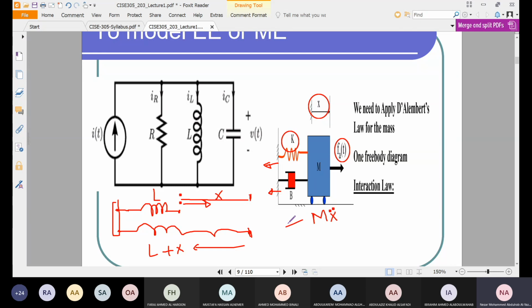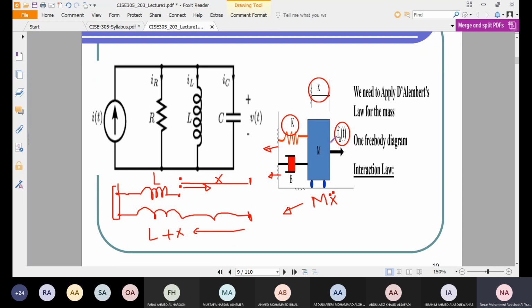So this also has an opposite effect on the acceleration. All these things, inshallah, we will study in chapter 2.